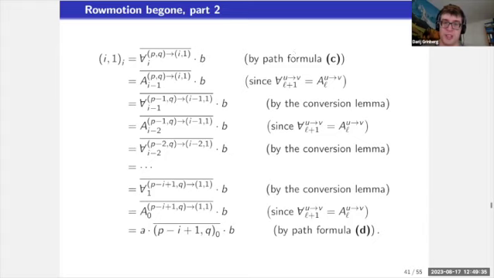Basically, you apply the path formula, and then you keep moving down using transition and conversion in this order. Whenever you have a B product, you use transition to make it into an A product, and then you use conversion to make it again into a B product. And every time you do transition, the time decreases by 1. So eventually you get down to time 0. And that's how you get the reciprocity.